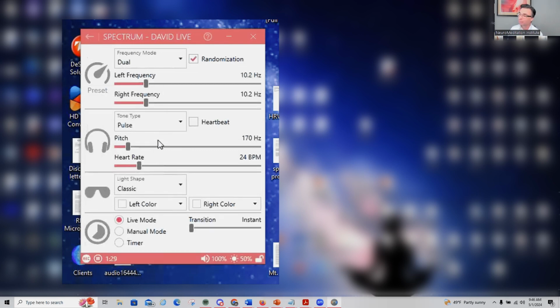I click on that. And now you see the left and the right frequency both jumped to 10.2 hertz. The frequency that it's using is 10.2 cycles per second. So if I show you my glasses right now, see if I can. The lights are flickering on and off 10.2 times a second.